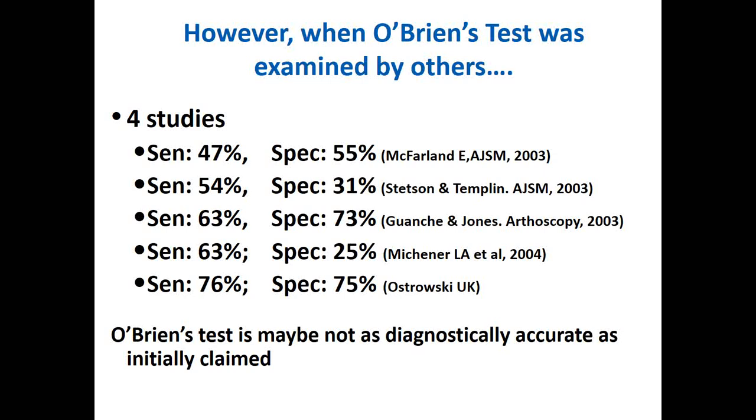So as other people have done the O'Brien's test, you can see that the sensitivity and specificity of this test by itself is not a great indicator of labral pathology. It's a real easy test to perform, but it's not always as perfect as the original construct.